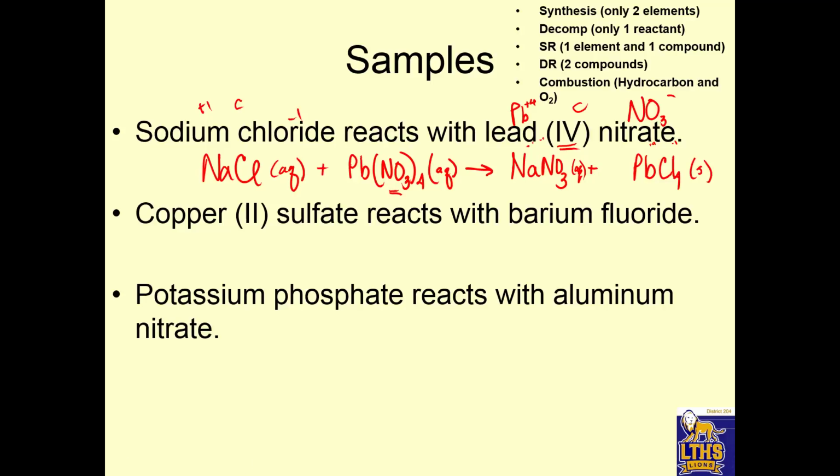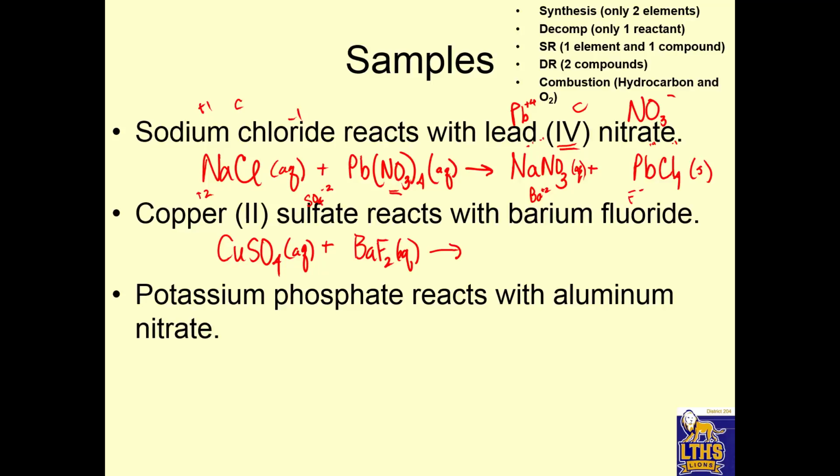Okay. Copper 2 sulfate reacts with barium fluoride. Alright, so we have a Cu +2, sulfate SO4 -2. So we have CuSO4. Okay. Every reactant in double replacement is aqueous. Barium fluoride is a +2 and -1, so it would be BaF2, and that's aqueous as well.